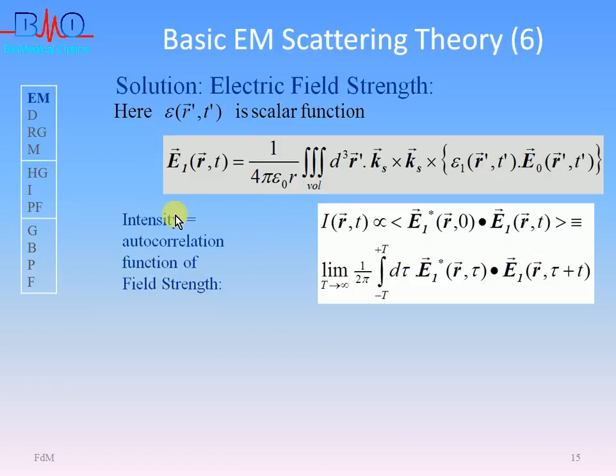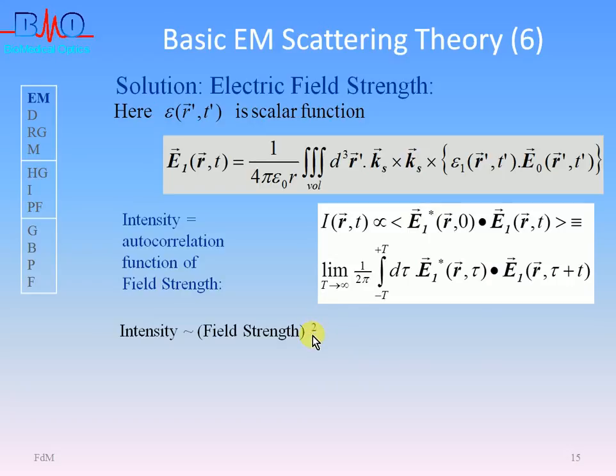Finally, for the electric field here, we have the intensity. That is the autocorrelation function of the field strength, as is seen here, expressed here with the integration over a certain time period in which that time period goes to infinity.